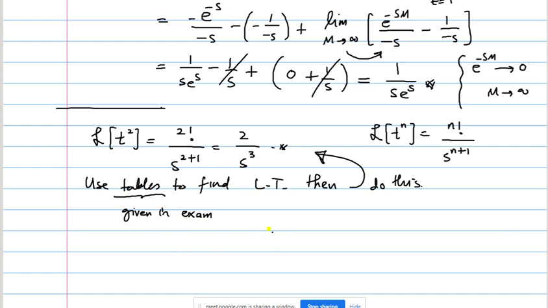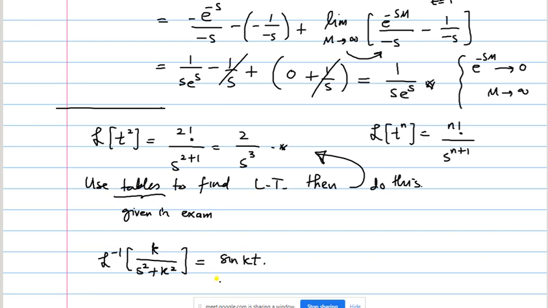Similarly for the Laplace inverse transform. Let's say the table says that the Laplace inverse transform of k over s squared plus k squared is sine kt.